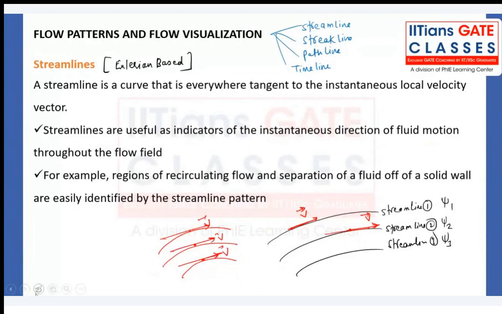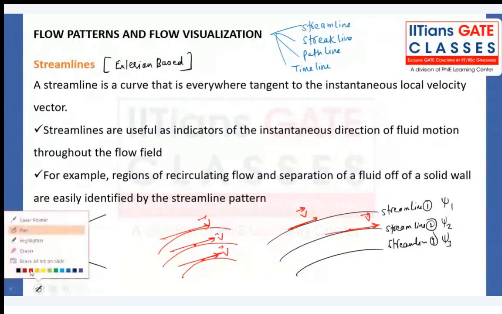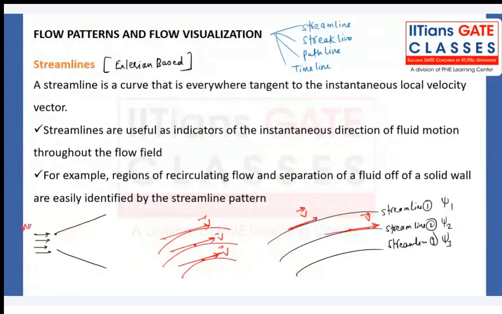Why do we need the concept of streamline? Let's say incompressible flow is flowing in a diverging section, with a Mach number less than 0.3. We are not talking about compressible flow, because in compressible flow the diverging section can act as a nozzle or as a diffuser.